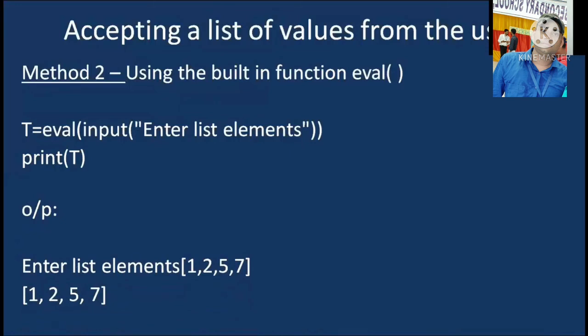For example, the message came: enter list elements 1 2 5 7. The user puts the square brackets and writes each element within them separated by commas, and that becomes your list. Here 1 2 5 7 are all written as integers, so it is clear.